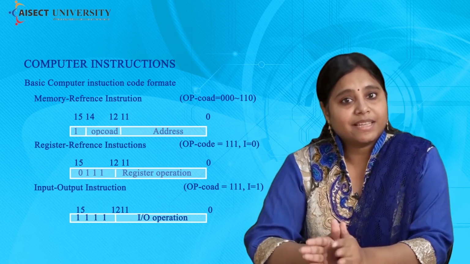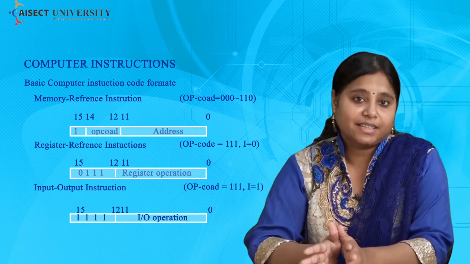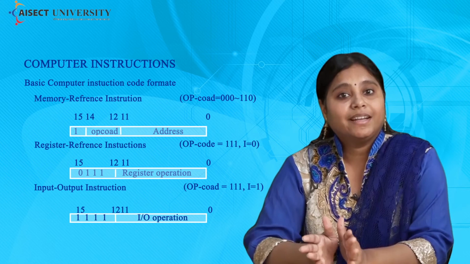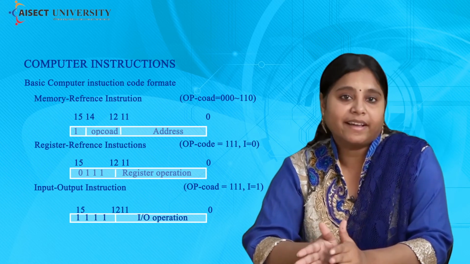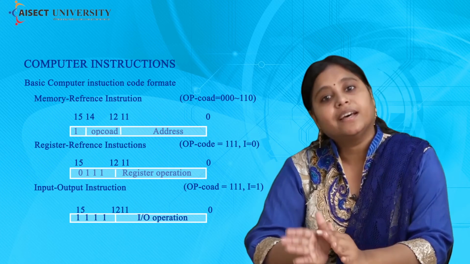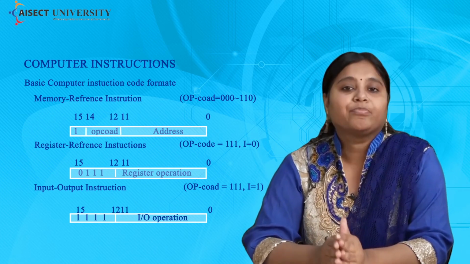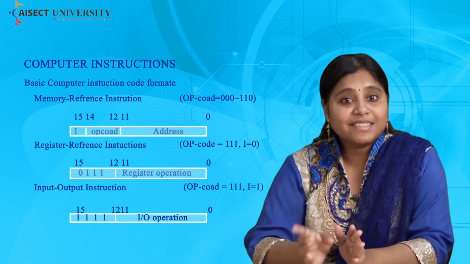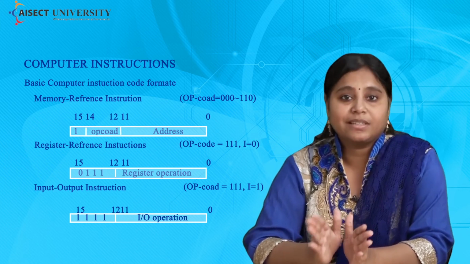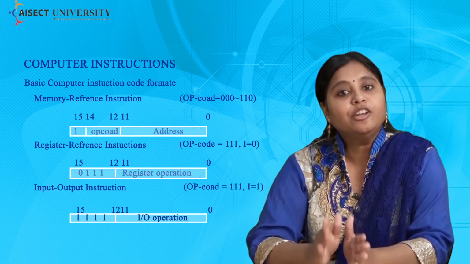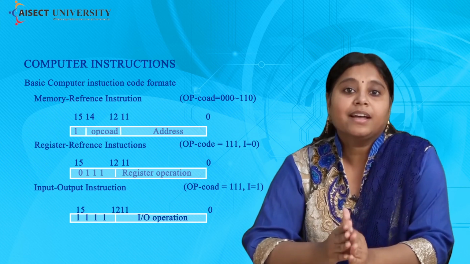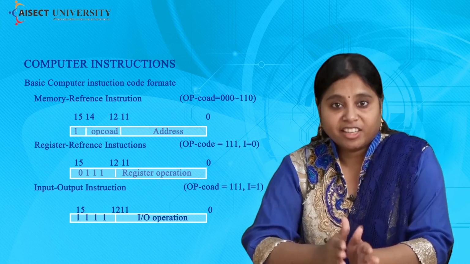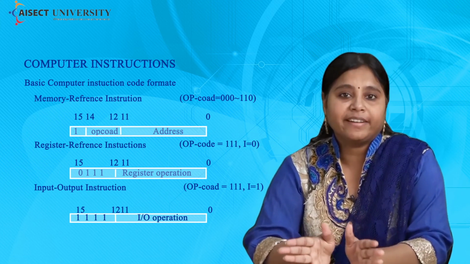If bits 12 to 14 are the integer 6 and the last bit is 1, that means it is an indirect address. If bits 12 to 14 decode to the integer 7 and the last bit is 0, it is a register reference instruction, and if the last bit is 1, it is an input output instruction. Clear? So here I have explained the instruction types and the format of the instruction, and how we can divide the format.